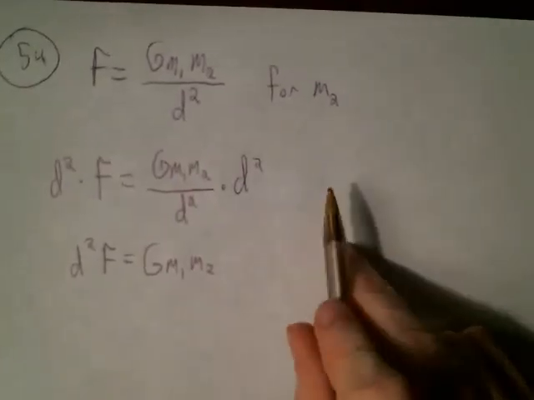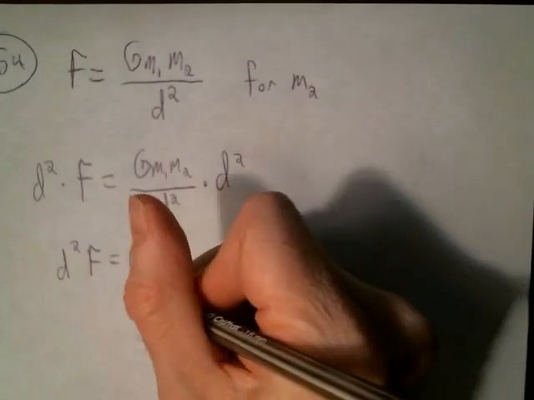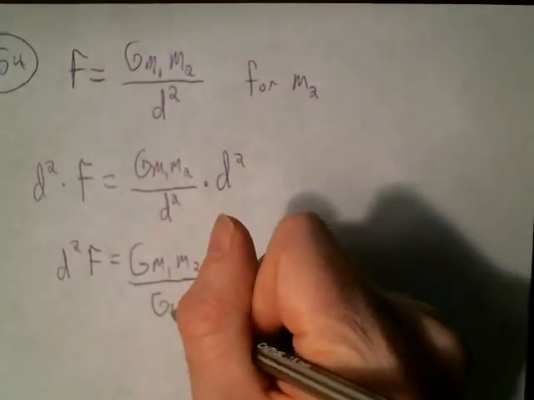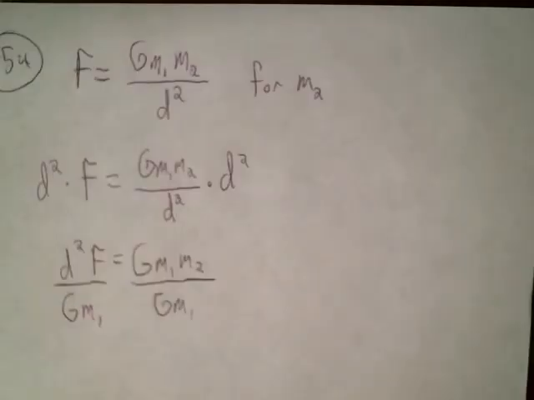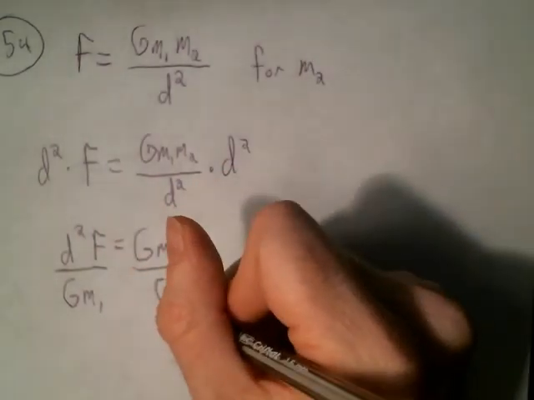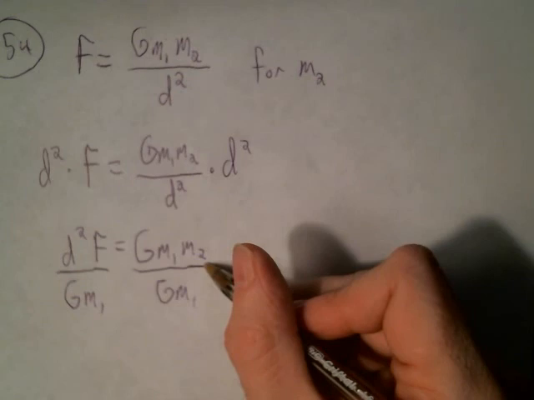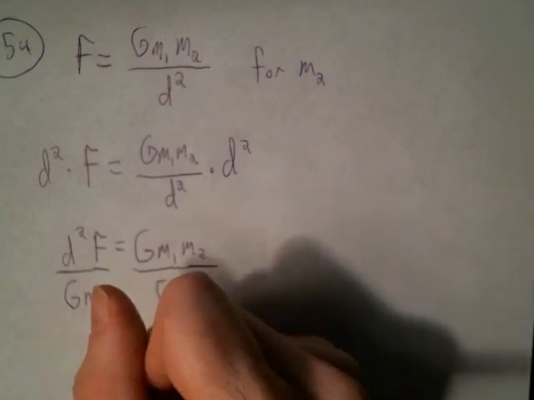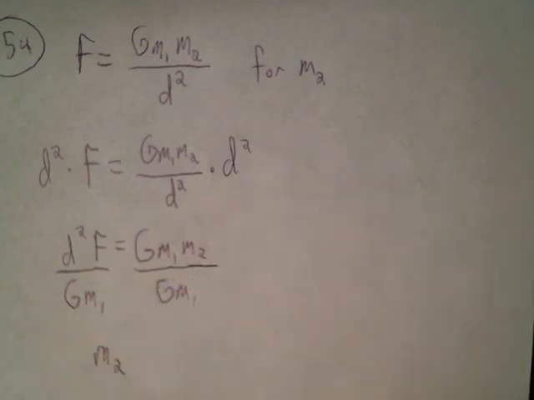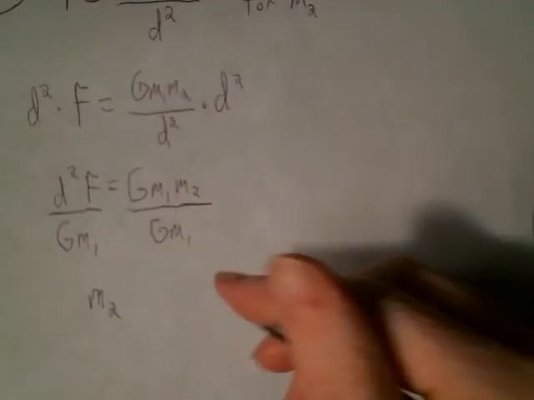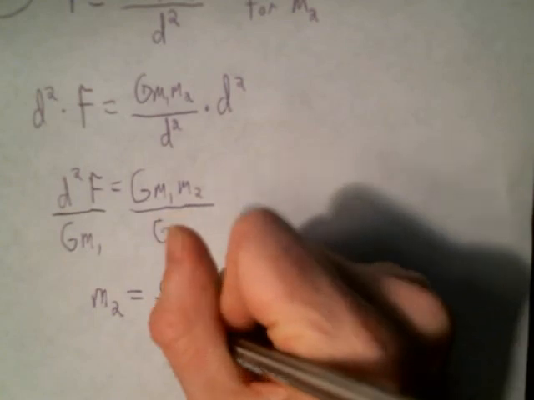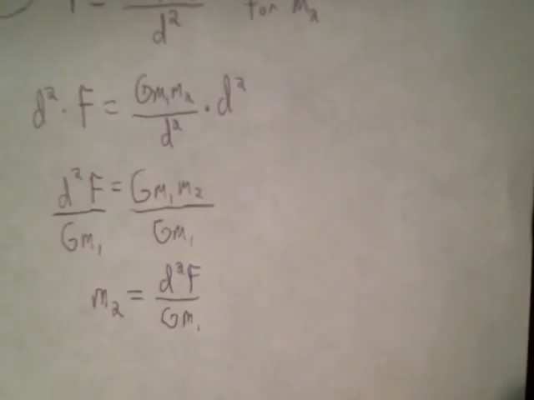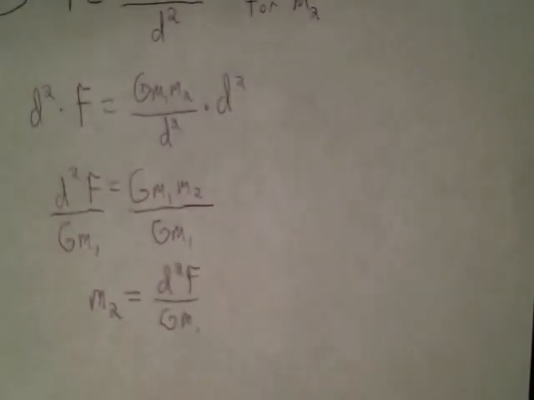And then I'm going to get M2 all by itself by dividing both sides by G M1. So finally, these would cancel out, just leaving me with M2 on the right. And let me put that on the left so it's readable. So M2 equals d squared F all over G M1. Okay, that's about it.